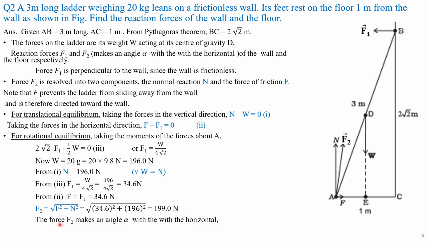The force F2 makes an angle alpha with the horizontal, as stated above. Therefore, tan alpha is equal to N by F, that is equal to 4 root 2. Therefore, alpha is equal to tan inverse of 4 root 2, and we get from tables the value of alpha as 80 degrees approximately. That is the answer.